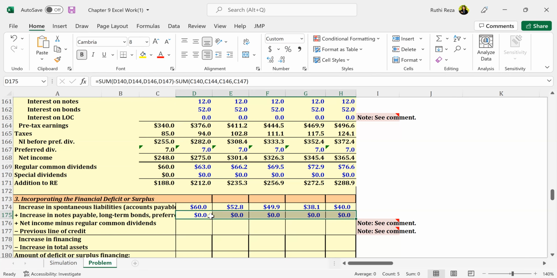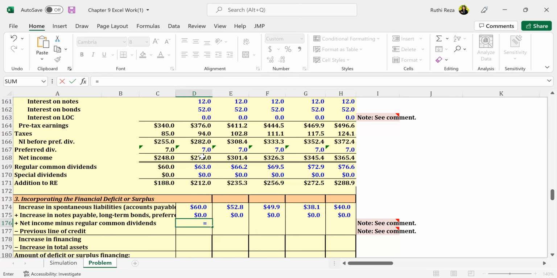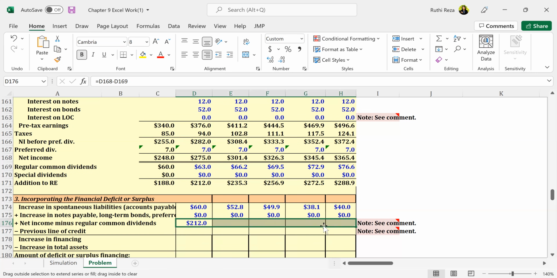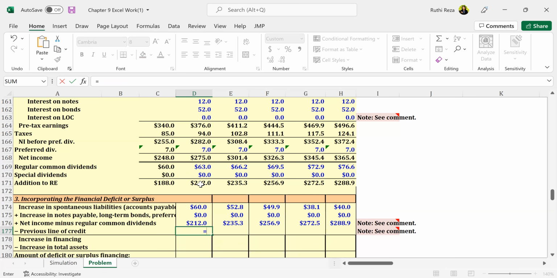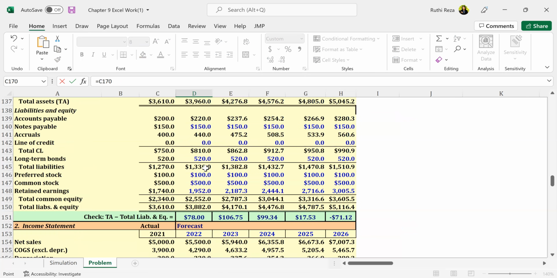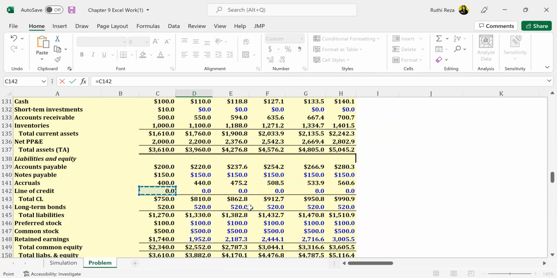So there is no addition, you can see every single year. And then net income minus regular dividends. Then previous line of credit.